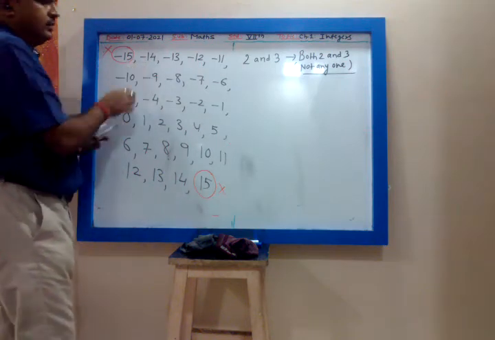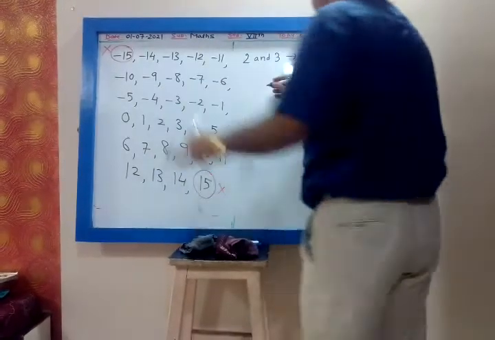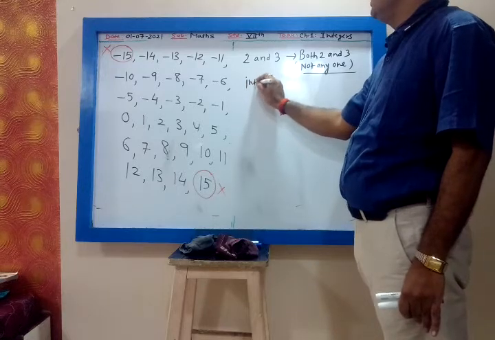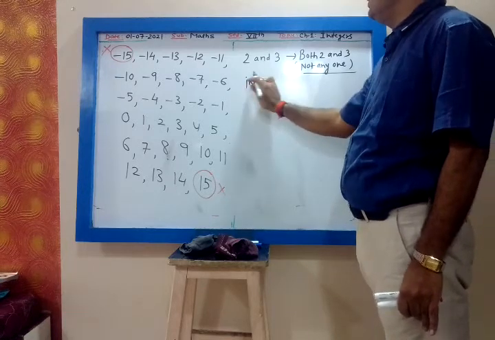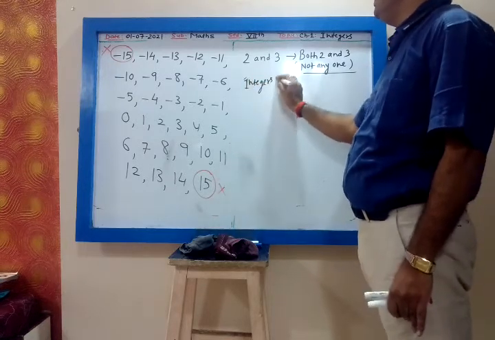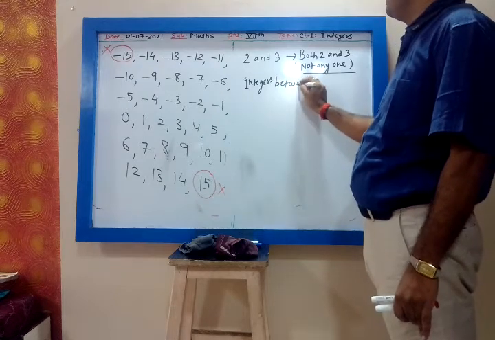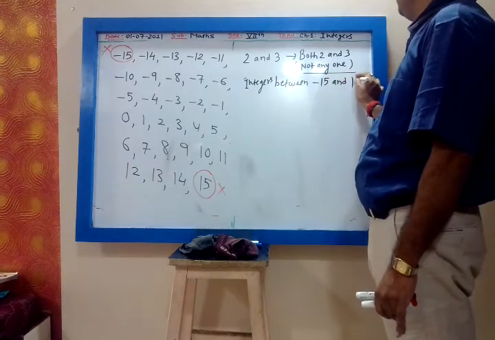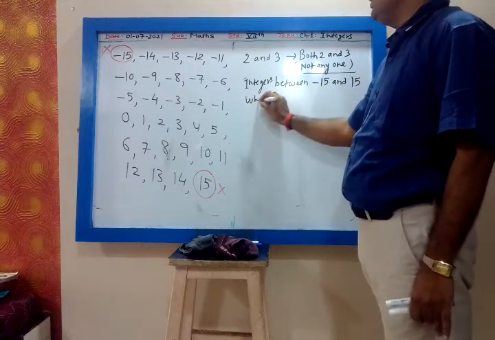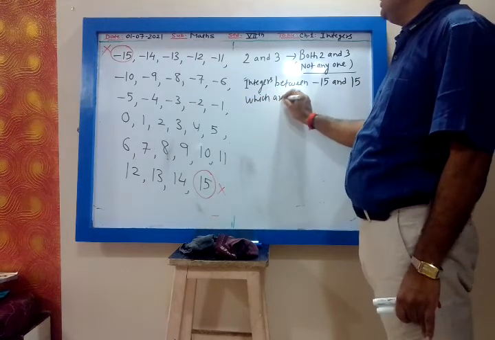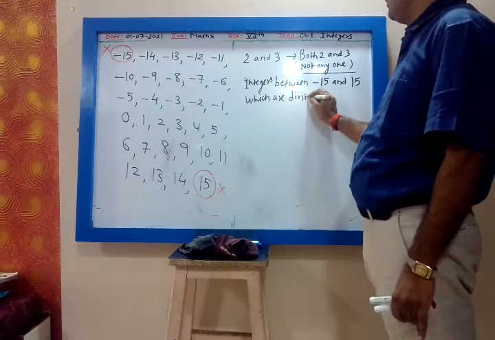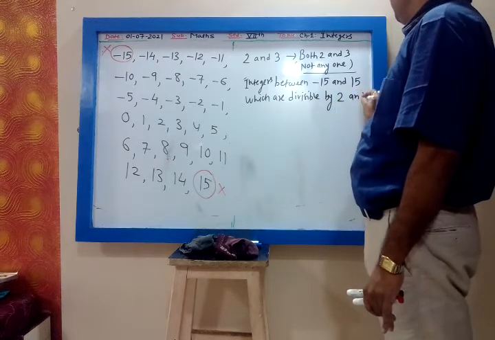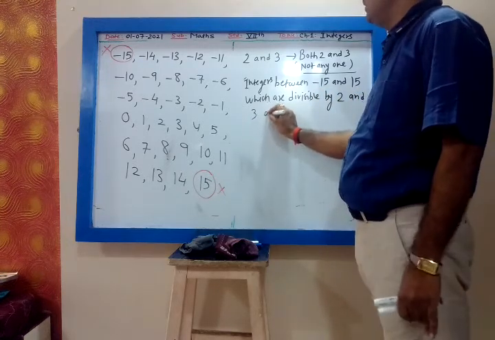We write the integers between minus 15 and plus 15 which are divisible by 2 and 3.